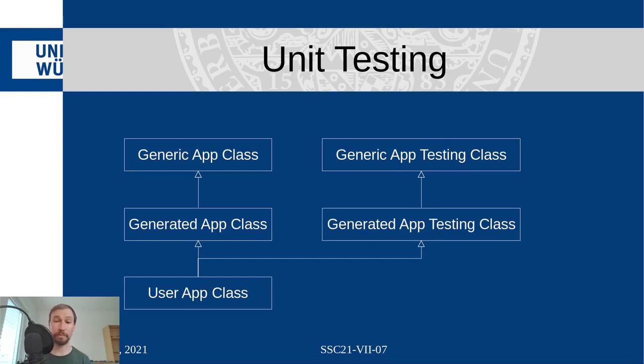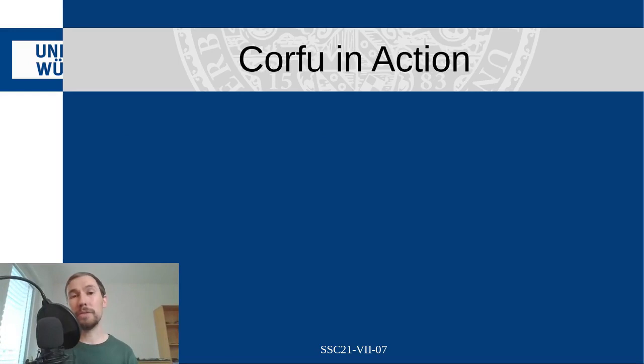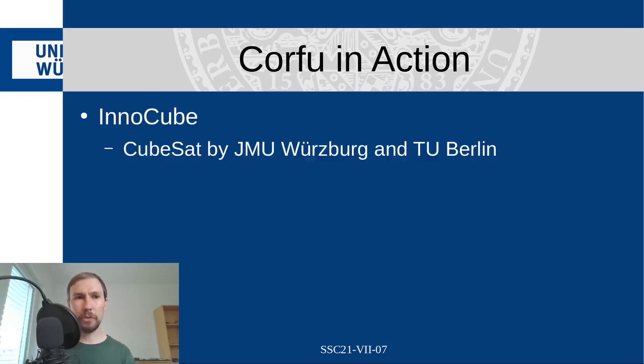Corfu is quite new in its development, even if we started the development a few years ago. There is a satellite mission that is currently being developed that carries Corfu. The mission is called InnoCube. It is a CubeSat developed by the University of Würzburg and the Technical University of Berlin.